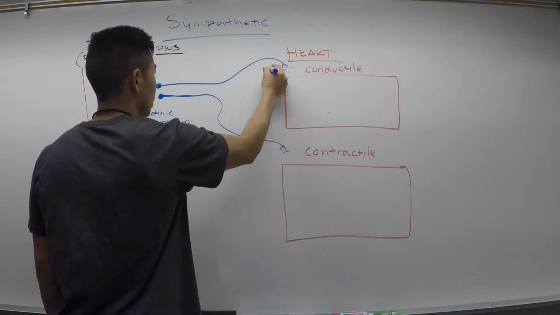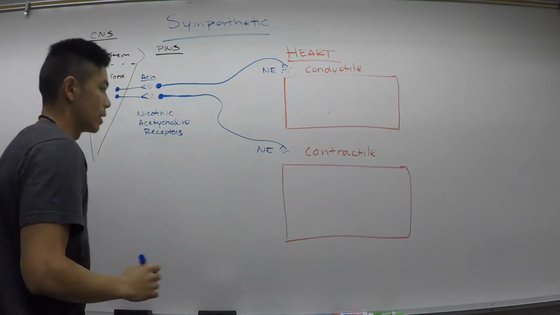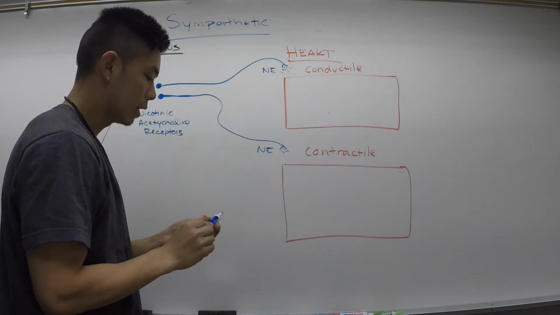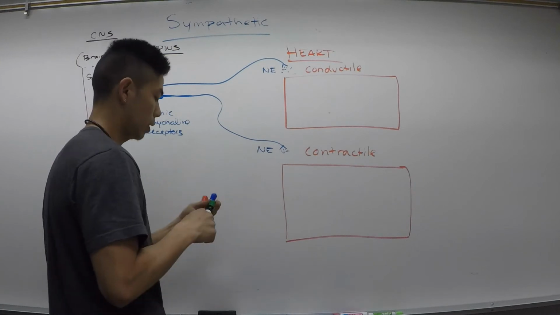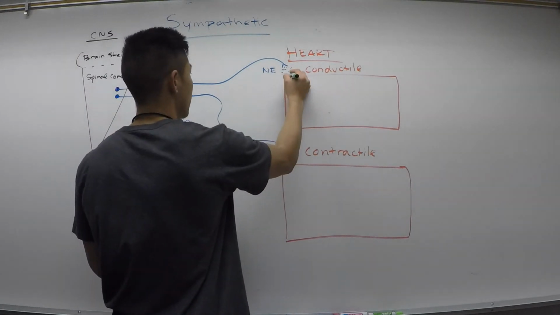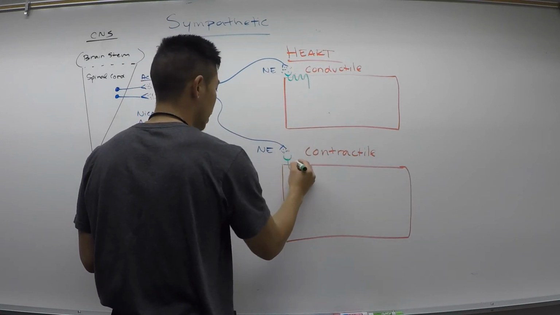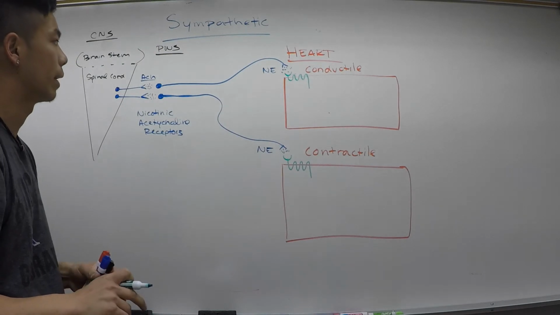And these neurons here are going to release norepinephrine, and I'm going to abbreviate it as NE. And so over here, we've released our norepinephrine, and this norepinephrine is going to attach onto a G protein coupled receptor. And so this receptor is going to span the membrane about 7 times as such. And these are going to be located on both the contractile as well as the conductile cardiomyocytes.